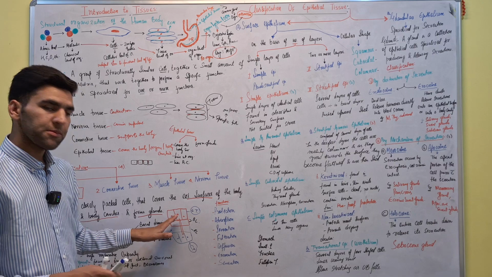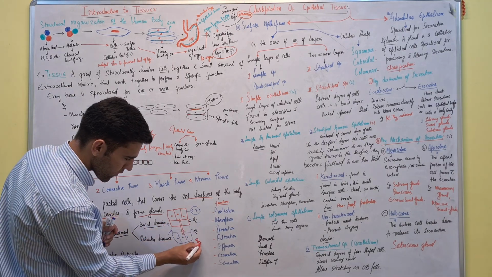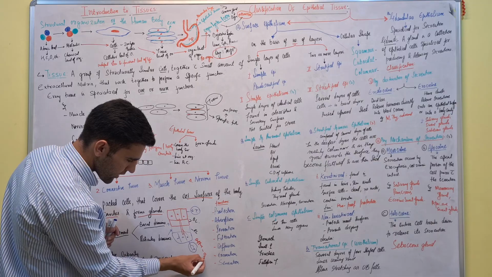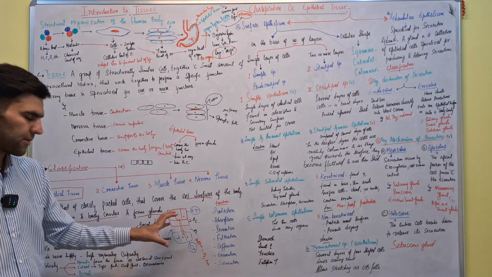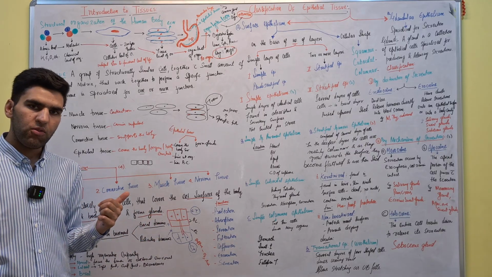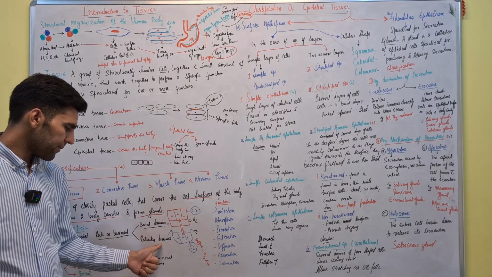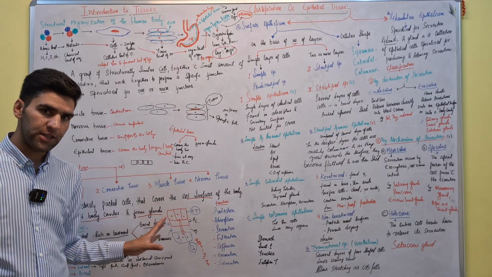And as epithelial tissue is avascular, diffusion of oxygen and nutrients occurs through this layer, the basement membrane between epithelial tissue and connective tissue. It has two layers. One is the reticular lamina, formed by connective tissue, and another is the basal lamina, formed by the epithelial tissue itself.